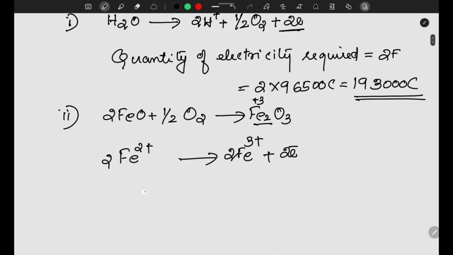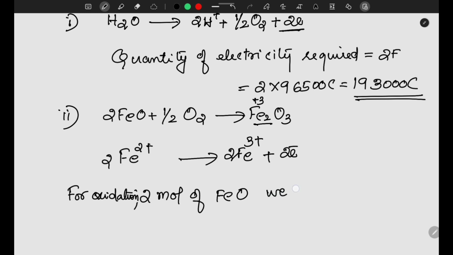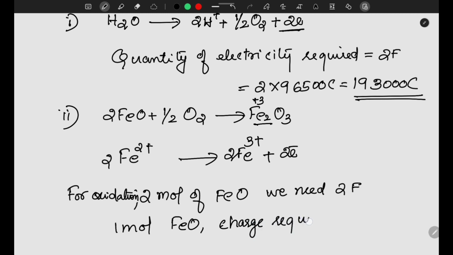So for the oxidation of 2 mole of FeO, we need 2 Faraday. So for oxidation of 1 mole FeO, charge required is equal to 1 Faraday. It's half.